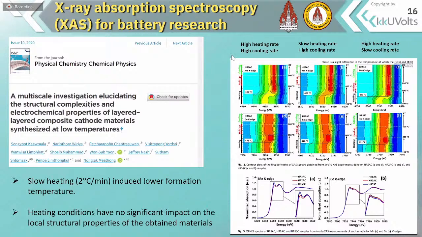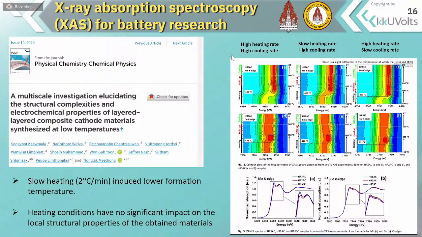So let's move on to the next work. In this work, we study the effects of heating and cooling rates on the structural properties of our layered cathode material by in situ X-ray absorption. The given figure shows the contour plot of XANES spectra collected during heating and cooling.